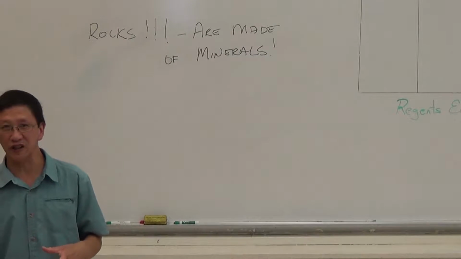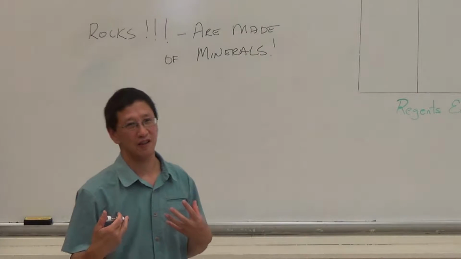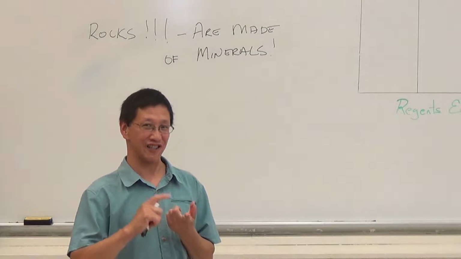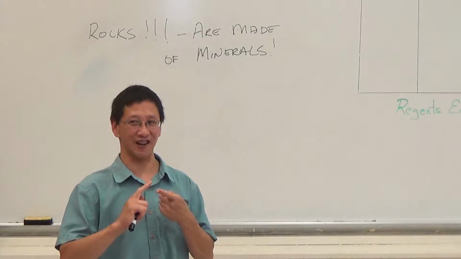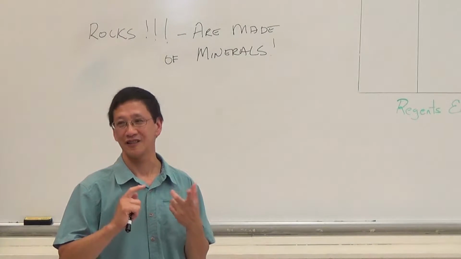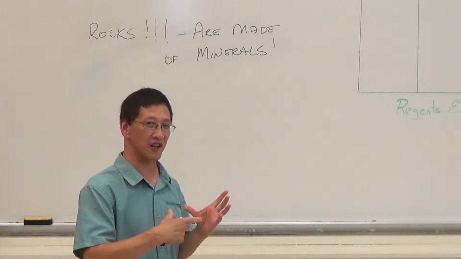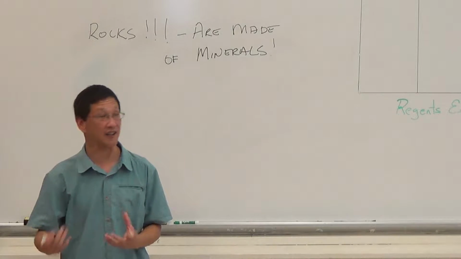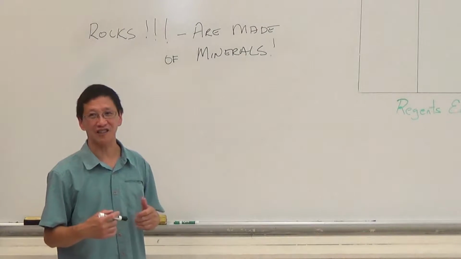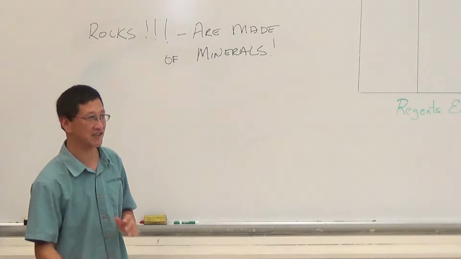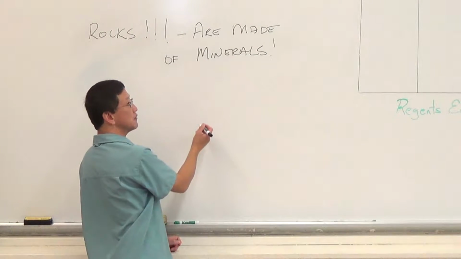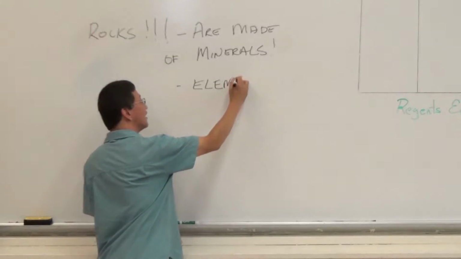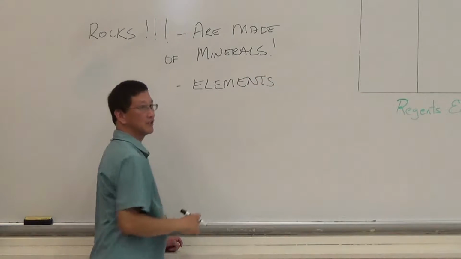So we're actually going to have to look at this the same way that you had to look at the body. If you really think about your body, it started off as cells. Certain cells organize, become organs, and then all the organs together become your body. Minerals and rocks are in that same basic idea. Minerals are made of elements.